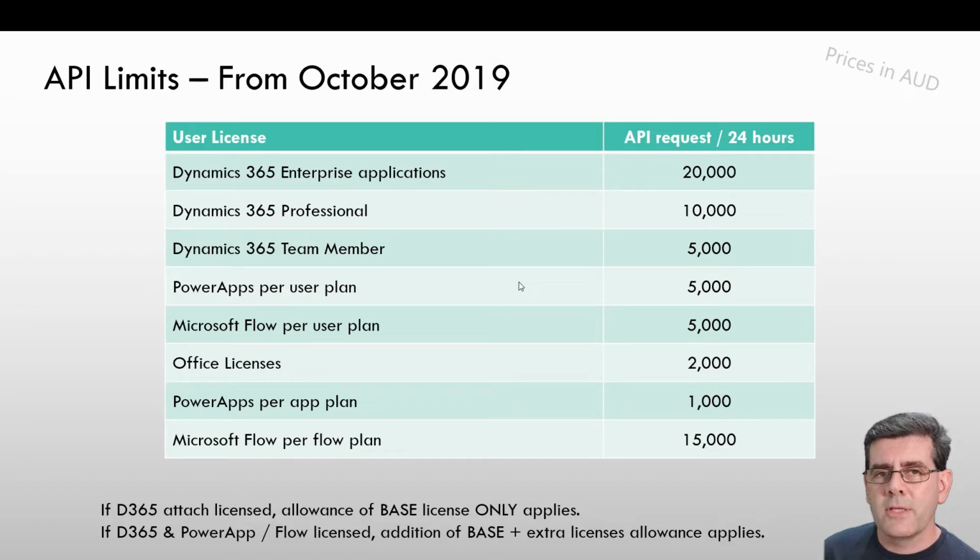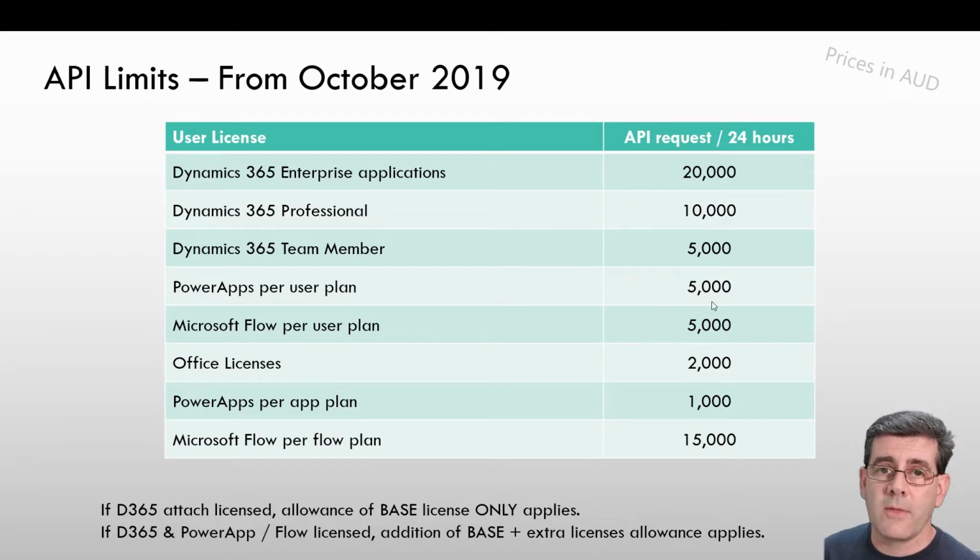Now, there's a couple of conditions to this. If you've got, for example, an enterprise base license and an attached professional license or an attached enterprise license, you don't get the combination of those two. So it's only the higher of them. So you'd only get 20,000 in that case. However, if you've got a Dynamics 365 enterprise license and a PowerApps per user license, then you would get the 20 and the 5.